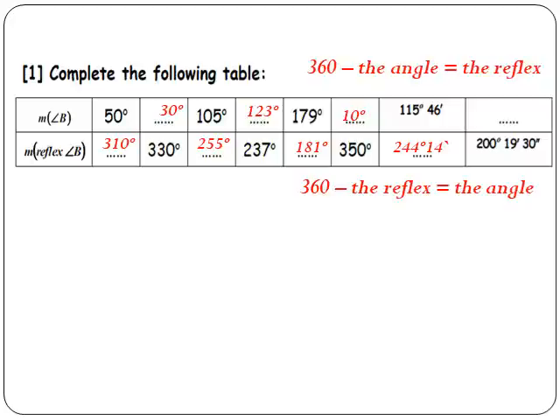What about the last one? He gave me 200 degrees, 19 minutes and 30 seconds. Yes, I do the same thing. 360 minus 200 degrees, 19 minutes and 30 seconds.